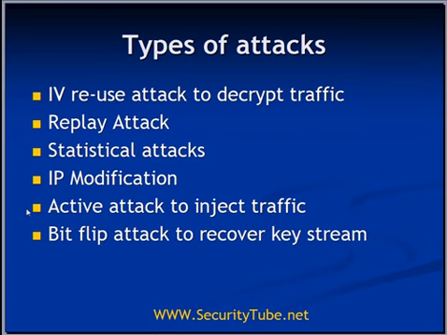If we know the key stream for a particular IV, we can actually create a packet and inject it actively on the wireless side. Next attack I discussed was the bit flipping attack, in which a few bits in the packet are flipped and the ICV value is recalculated.